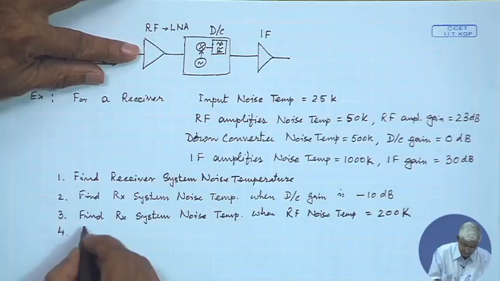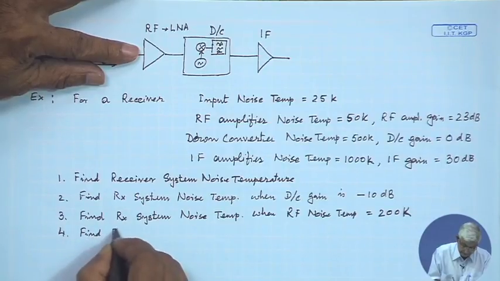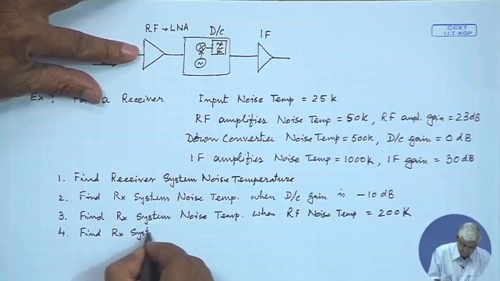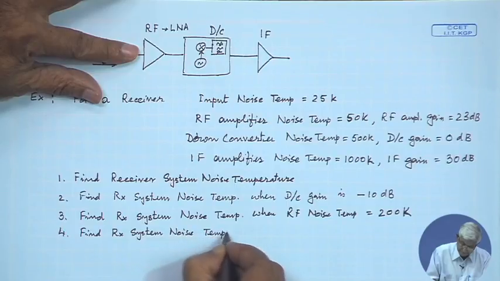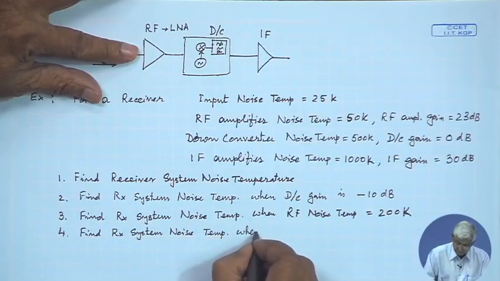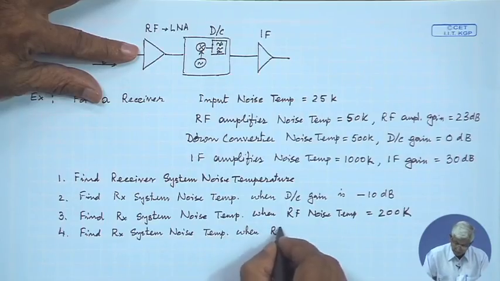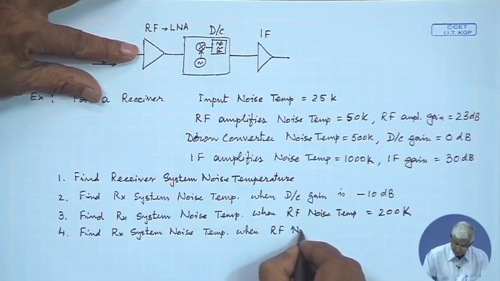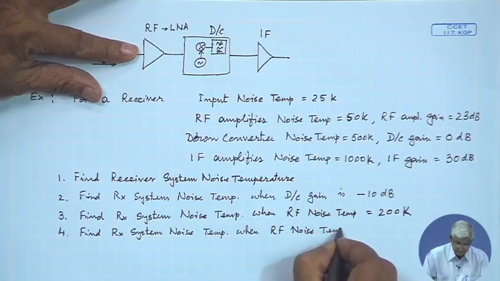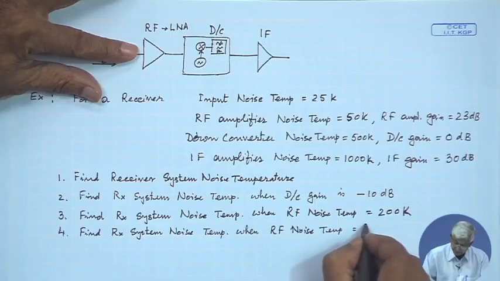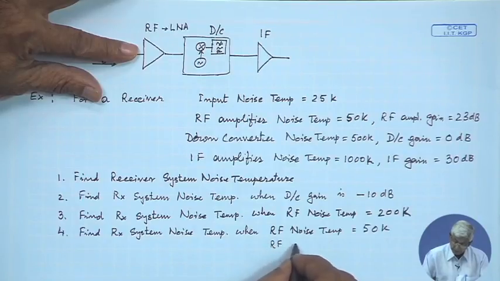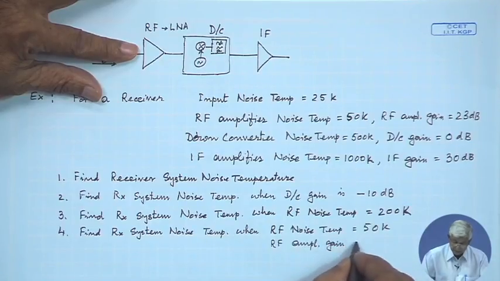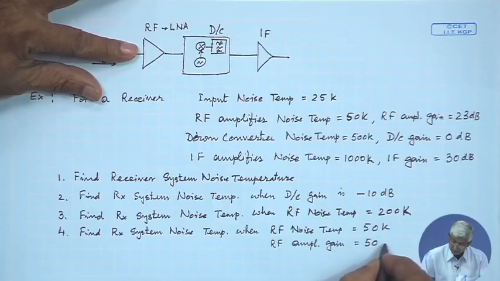Find the receiver system noise temperature when the RF noise temperature goes back to the 50 K value, and the RF amplifier gain is increased to 50 dB.